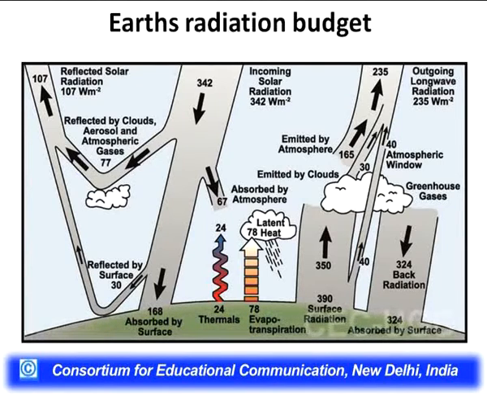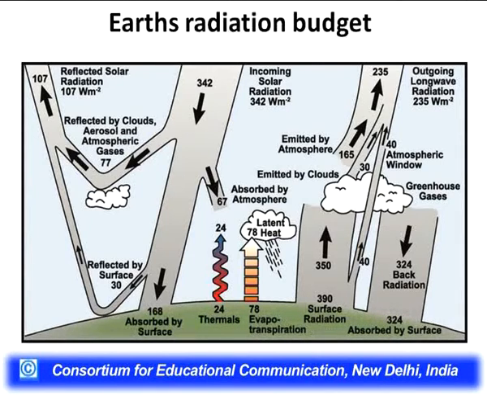Out of that 350, 324 is getting back towards the earth surface, and 30 is going towards space after getting filtered by the atmosphere, and 165 is emitted by the atmosphere, which is the part of radiation which was initially absorbed from the solar radiation too.